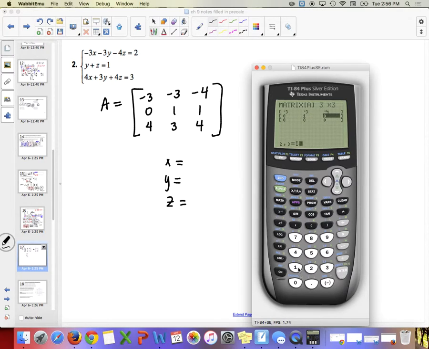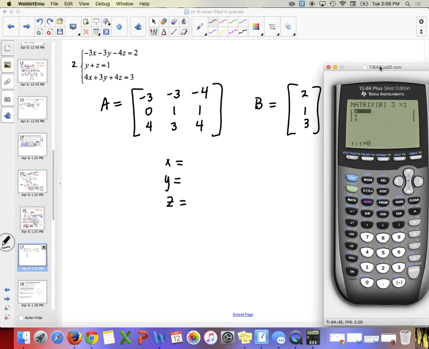You're using your calculator for it, so we're putting A in. We do second quit, we get out of there, and then we go into second matrix, we put in B, so edit B. B is a 3 by 1. Shh, guys, there's a lot of talking. So we put in 2, 1, 3.